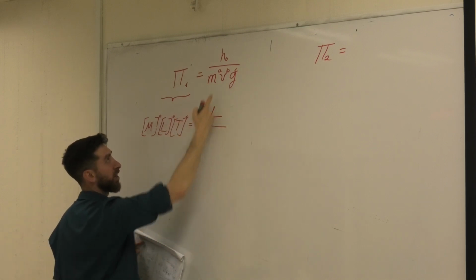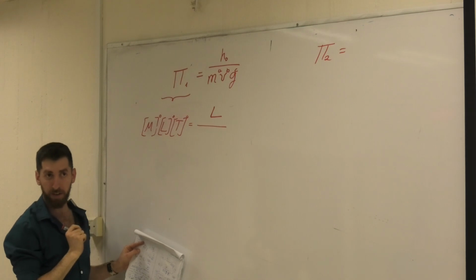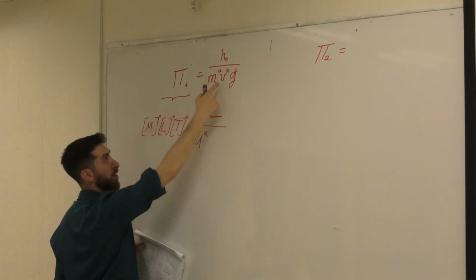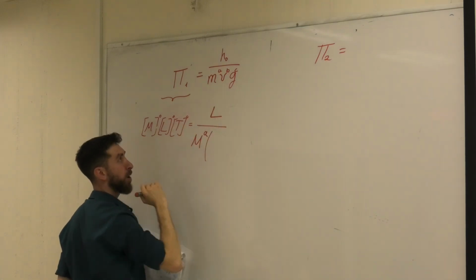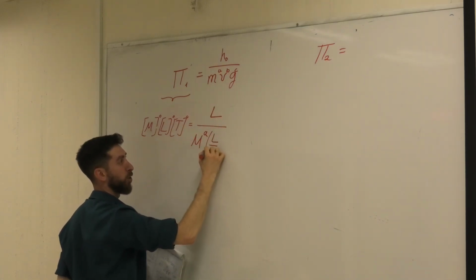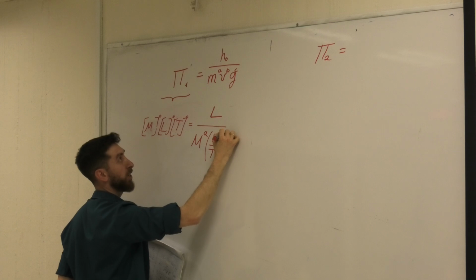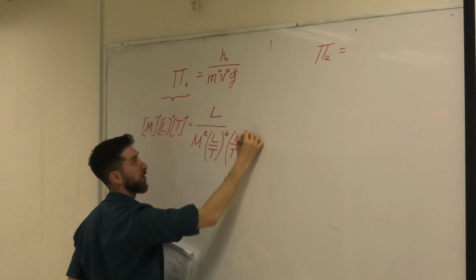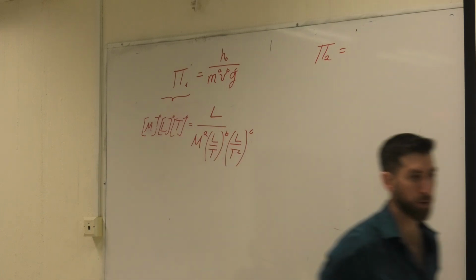And on the other side, I see h as length, mass to the power of a, velocity to the power of b, length over time, and gravity, length over time squared, to the power of c.